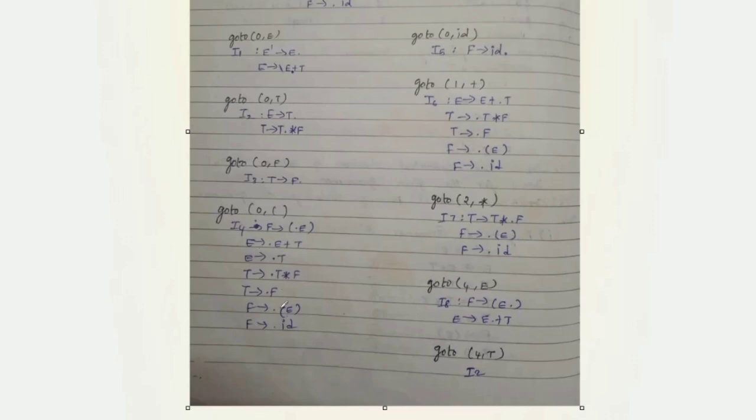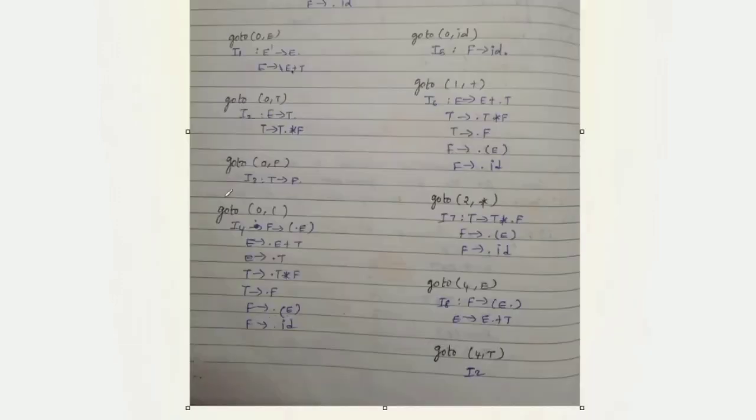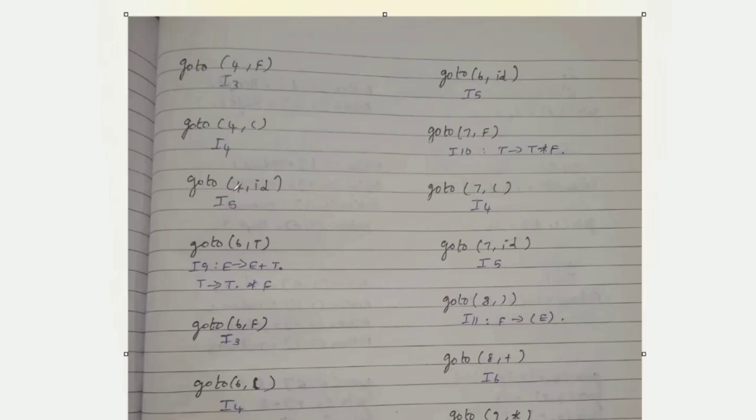Next, 4 comma open bracket. You will get the production F tends to open bracket dot E close bracket, which is already written in item 4 itself, so write item number 4 here. Then transition, go to item number 4, move dot, you will get F tends to ID dot, which is already written in I5. Then write go to 4 comma ID going to be I5.